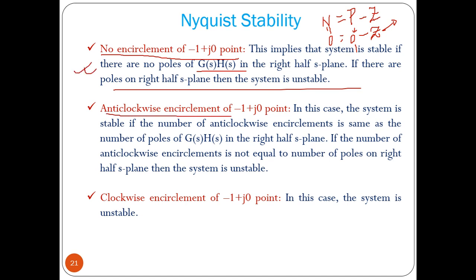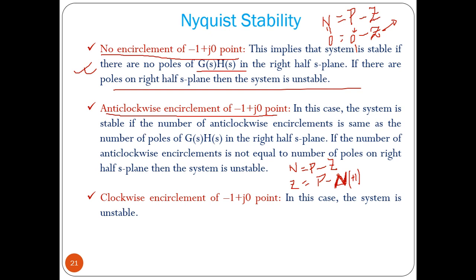Then if we have anti-clockwise encirclement, with N equal to P minus Z, then Z equals what? We can write Z equals P minus N. N is the anti-clockwise encirclement, so the N value is plus 1, plus 2, plus 3, any one of those.